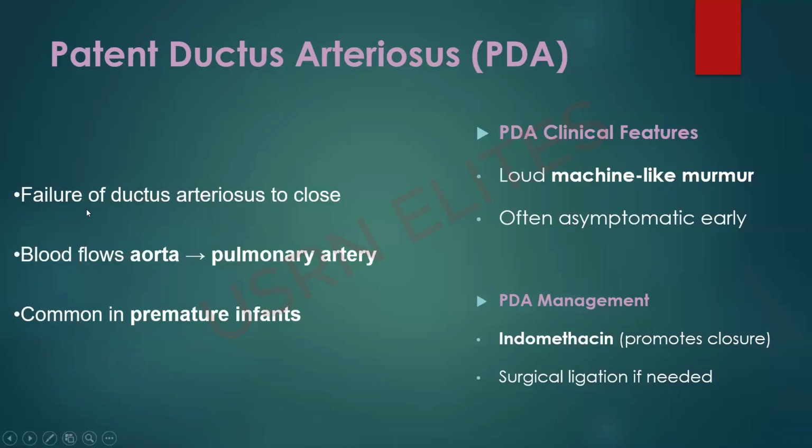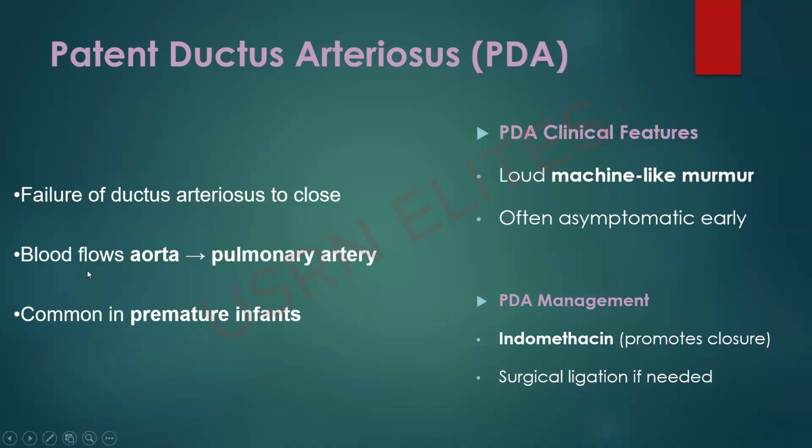So failure of the ductus arteriosus to close is what we diagnose. If you have a child and the ductus arteriosus does not close within a few days, that is where we diagnose this patient with patent ductus arteriosus.